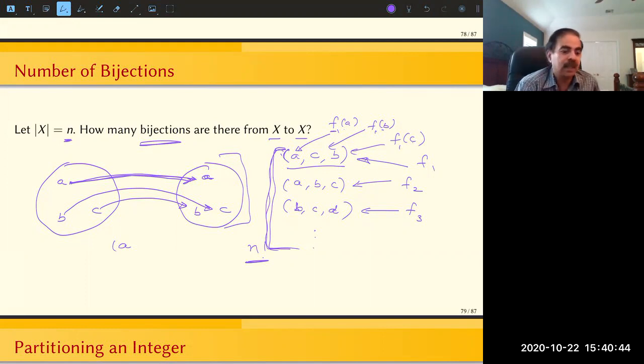But a bijection is a set of arrows, and therefore you have to look at the entire set at a time, and that's why you get many more than the number that you have. Because every permutation here corresponds to one set of arrows going from left to right that represent a bijection.